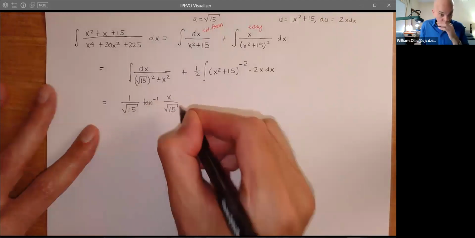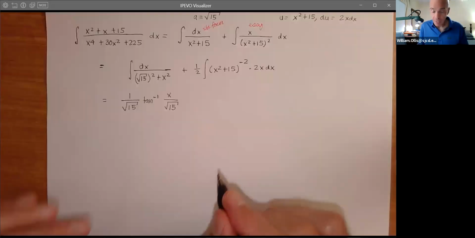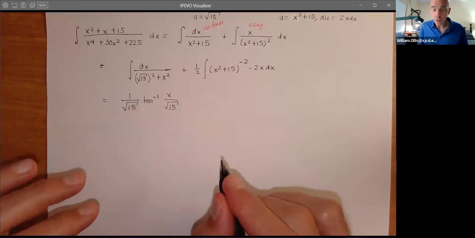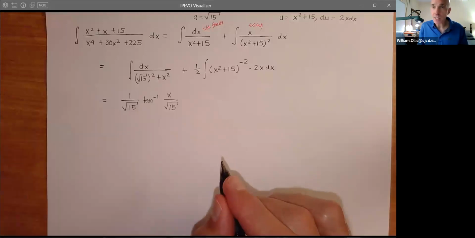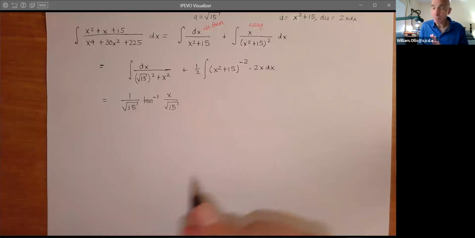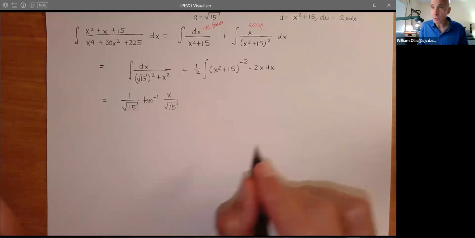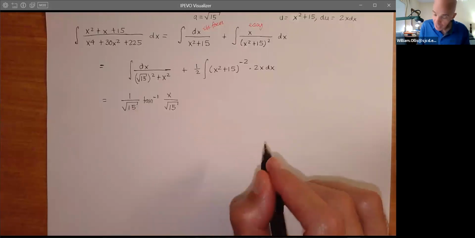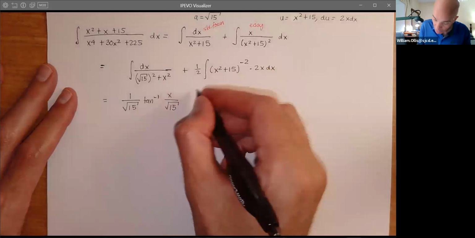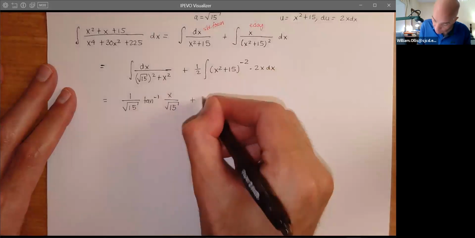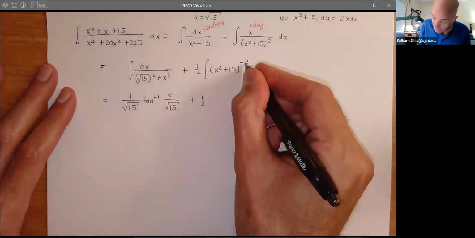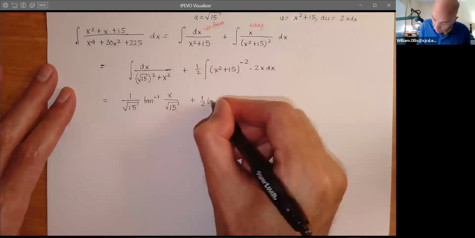The beauty of the inverse tangent, these inverse trig forms that we had at the very first, is that they are so nice and provide great antiderivatives with little or no effort because we mastered them. And then add 1 divided by the new power. So we have plus 1/2. The new power is -1, so we have a negative.